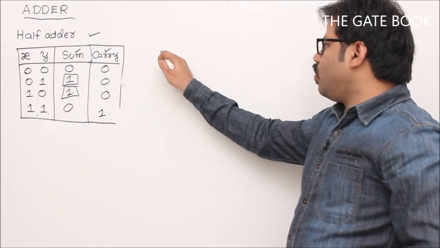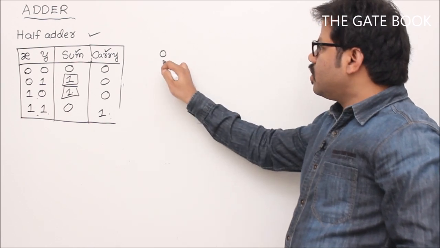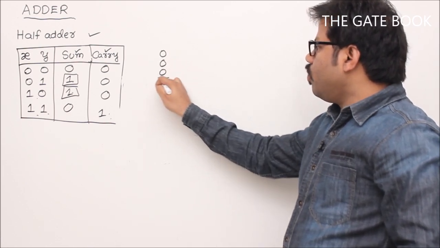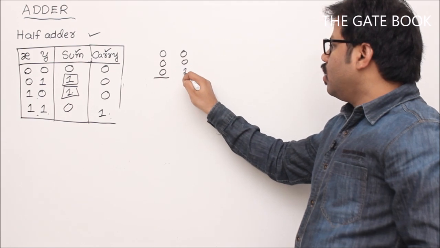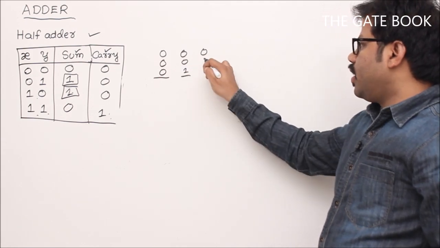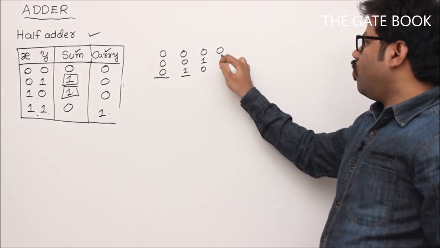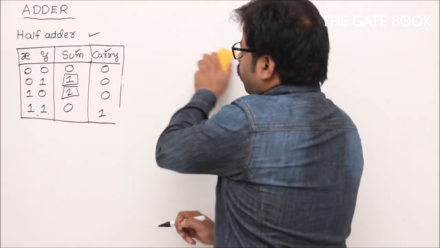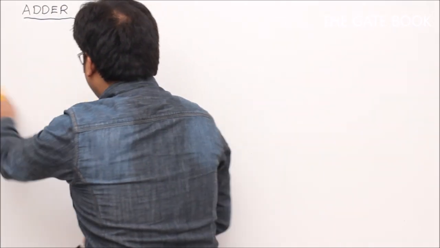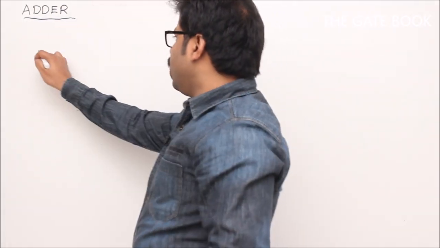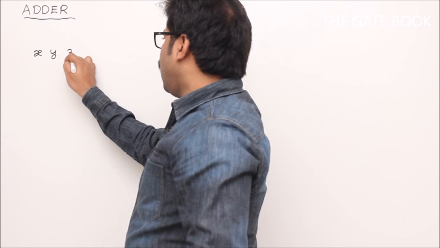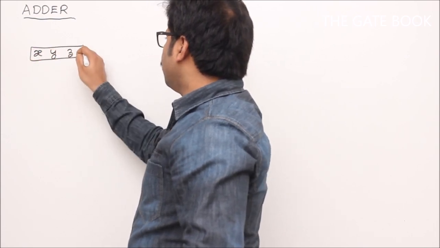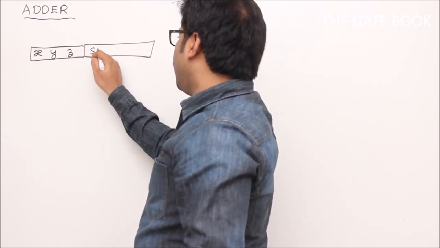First of all, we'll see when you have 3 bits, they are 0 0 0, 0 0 1, so all possibilities, 0 1 0, 0 1 1. Rather than here, now directly I show here. You have 3 inputs, x comma y comma z, and I am going to add them. So when you add them, you get sum and carry.